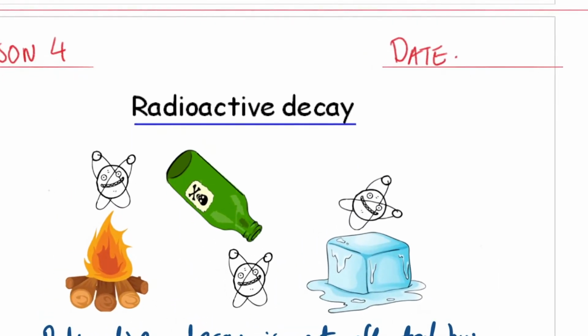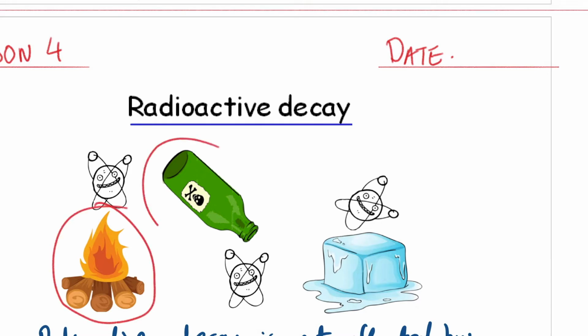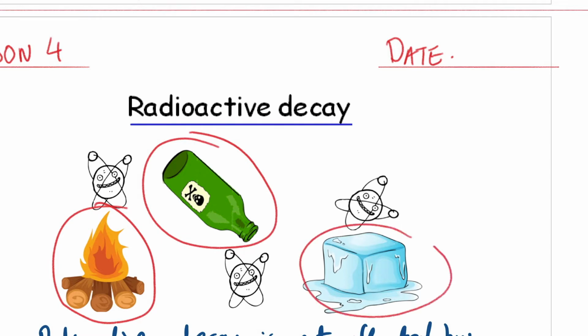Now, before we get started, there's 3 main pictures here that are trying to show the same thing, and it's showing that the rate of radiation does not get affected by fire, by chemical reactions, or by temperature.